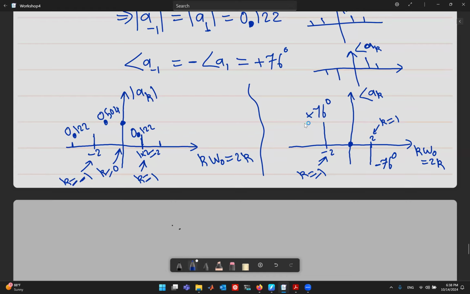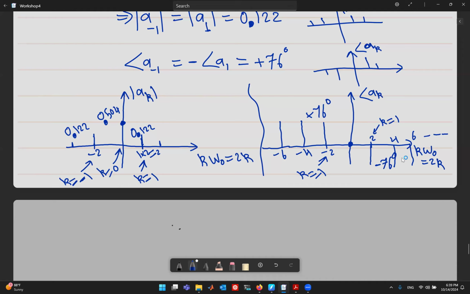And if you try to find the other terms, like a_-2 and a_2, a_-3 and a_3, you will find that all of them follow the same pattern, at minus 2, minus 4, minus 6, 4, 6, and so on.